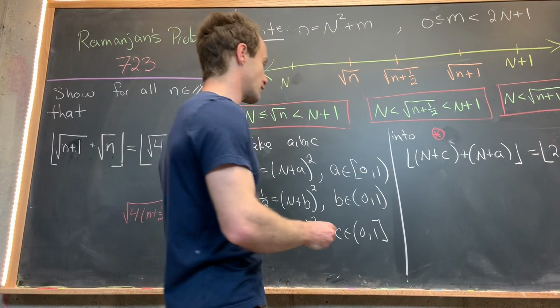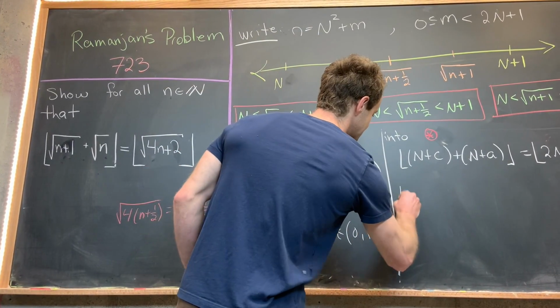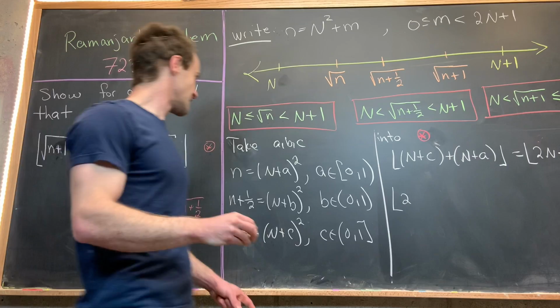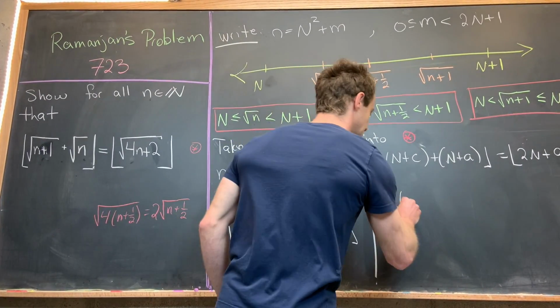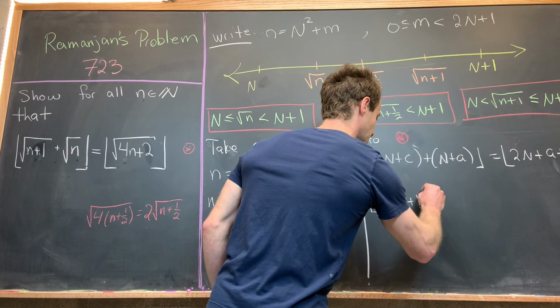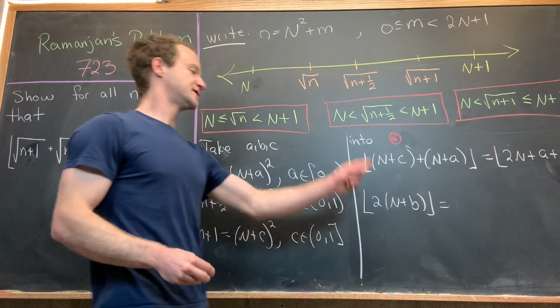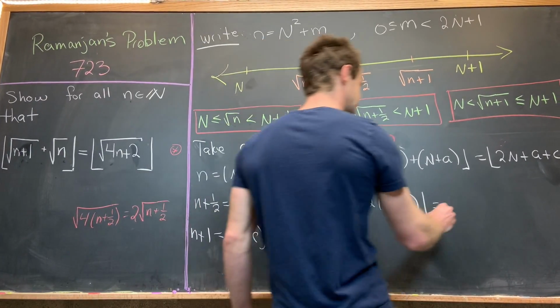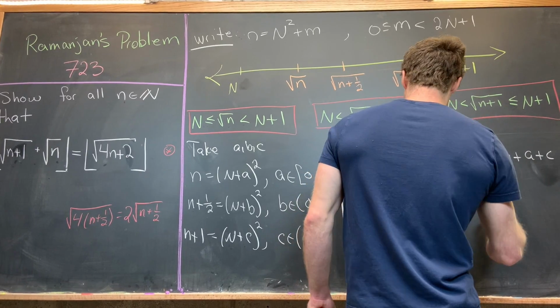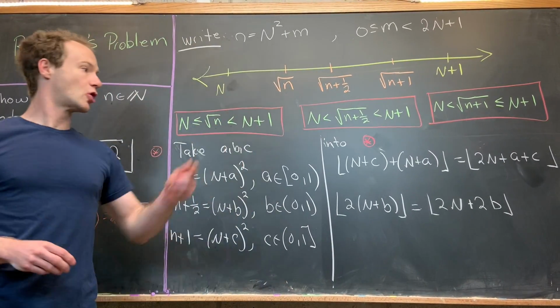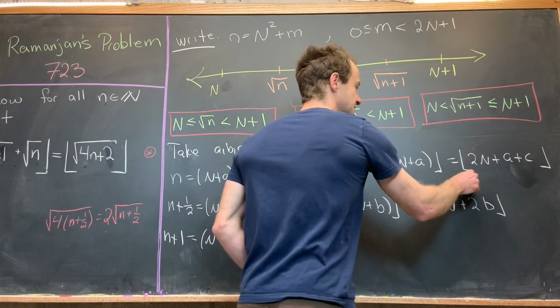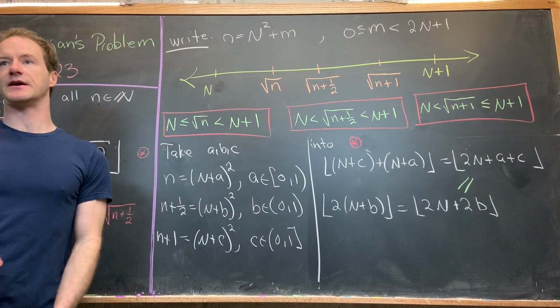And so that means we can rewrite the right-hand side as the floor of 2 times the square root of n plus half, but that's going to be N plus b. So now we can distribute that a little bit, and that's going to give us 2N plus 2b. So our goal equation is equivalent to this equality right here.